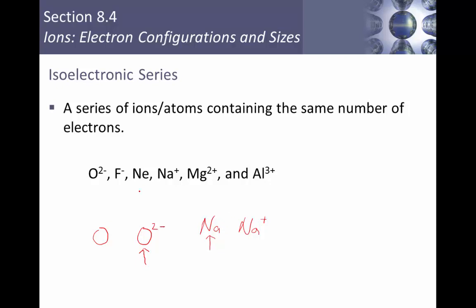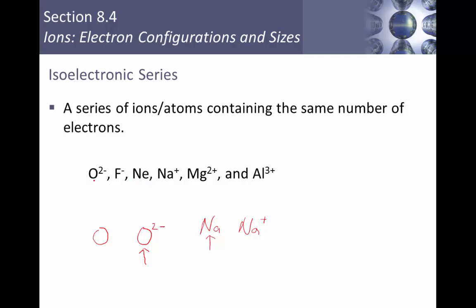But now what about a situation like this where you have what's called an isoelectronic series? Each one of these atoms or ions all has the same number of electrons. It looks like it's the neon element here, 10, because neon is 10.